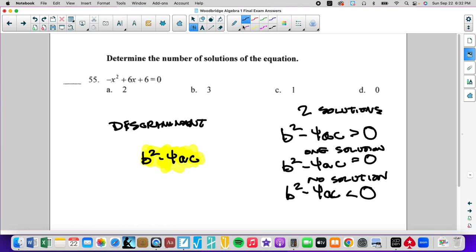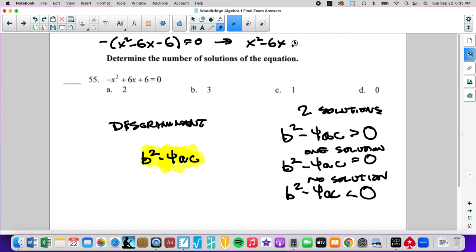So we'll start plugging it in. Oh, well, I factored out a negative again. So I factored out a negative, and I divided by -1, which gives me x squared minus 6x minus 6 equals 0, where A equals 1, B equals -6, C equals -6.